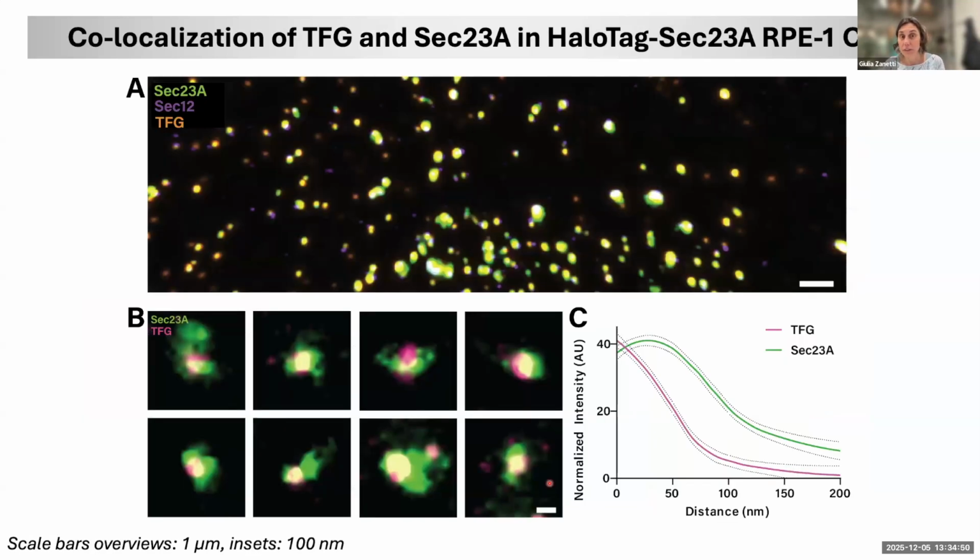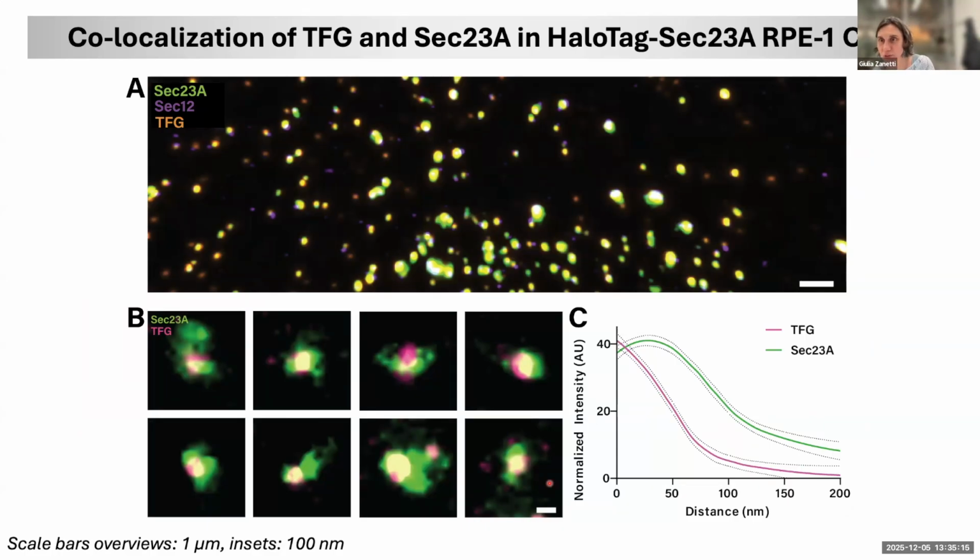Okay, so a final data figure that I want to share is focusing on slightly different proteins. Again, it's one of the components of ER exit sites, which is TFG. And TFG has been shown for a long time to be localized at ER exit sites. And this is another one of these proteins that we don't really understand how it assembles and how it works.